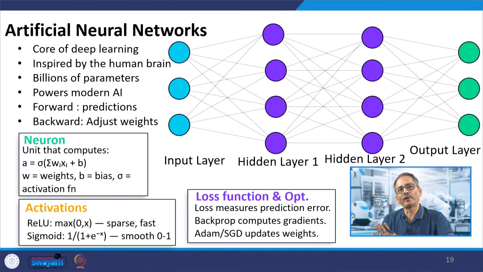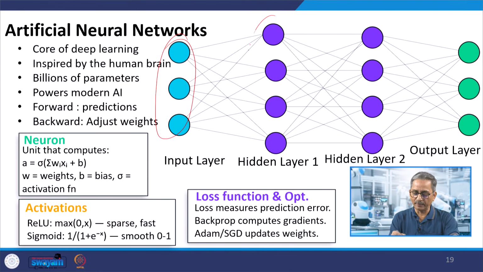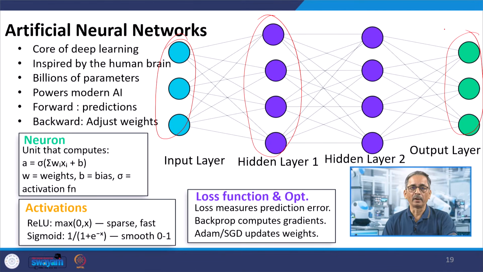The aim of the forward neural network is basically to make the prediction, whereas in the backward neural network we adjust the weights so that our model gets refined. In a neural network we have the input layer, then the hidden layers, you could have one layer, two layers or more, and then you have an output layer.